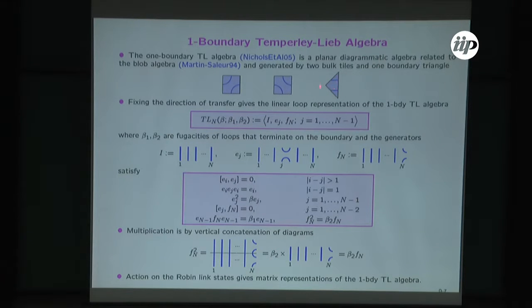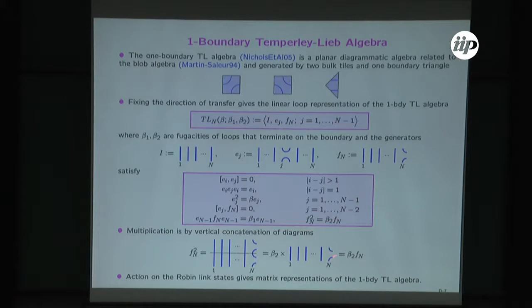So here's an example. The generator corresponding to this triangle acts as the identity everywhere on the left and only has a non-trivial action on the boundary. And when we multiply them together, we identify this loop segment with the one below, and then that generates a half loop, which we remove and give a weight beta 2. And then we close everything up, and we see that we get the generator Fn back again.